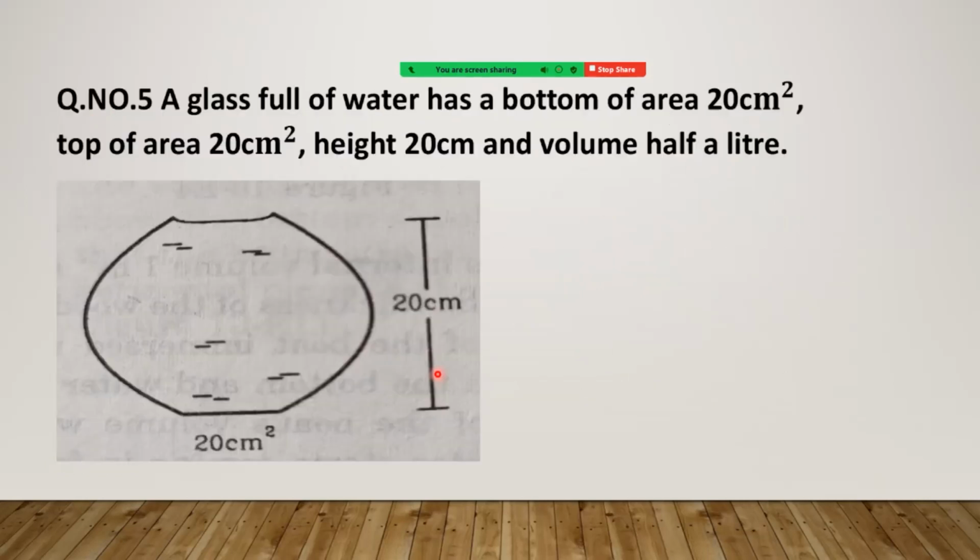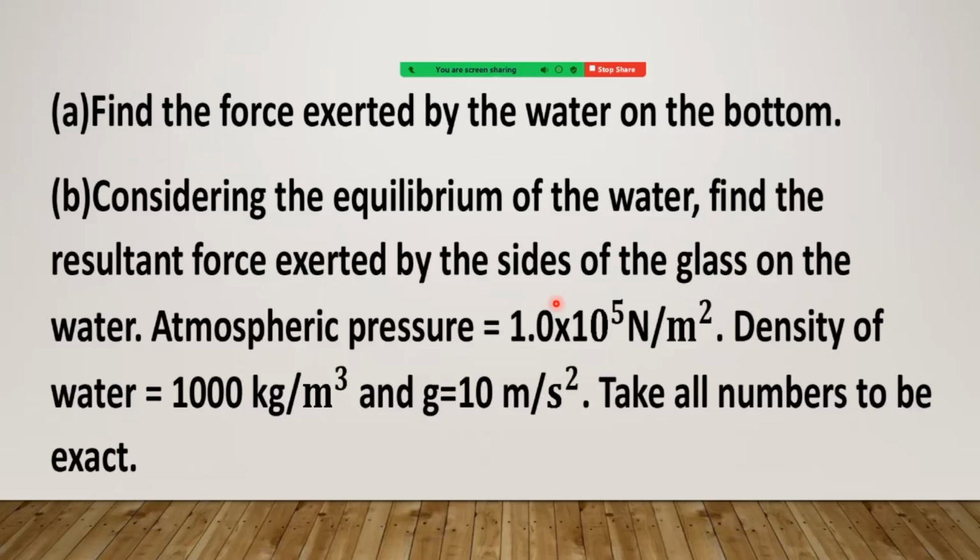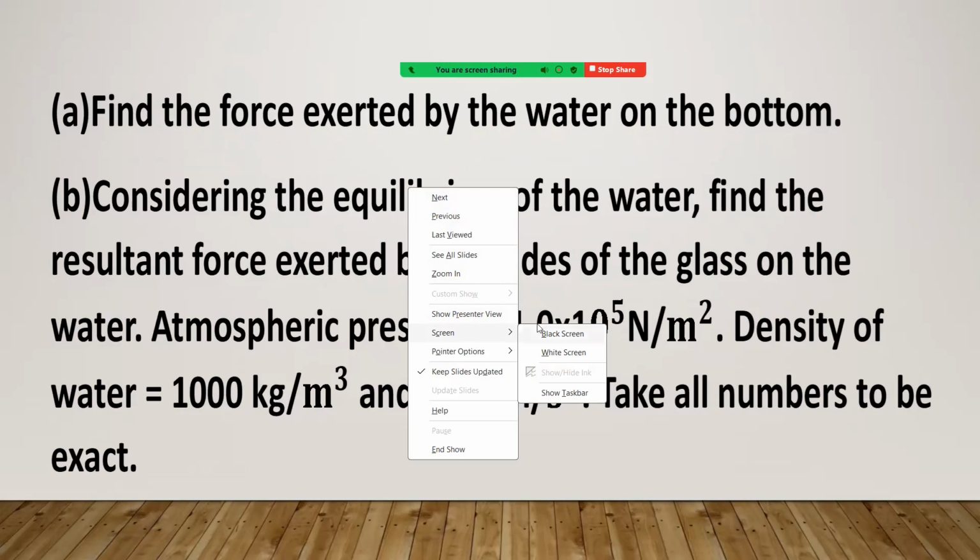Let us see the given diagram. So given height 20 and top and bottom area 20 centimeter square. Let us see how to start. First we have to find the force exerted by water on the bottom.